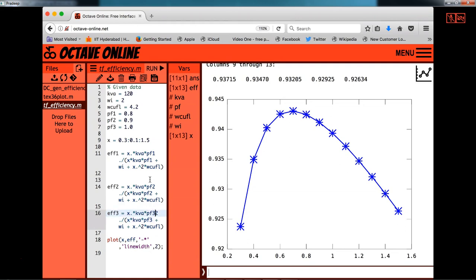Okay, so now I have three different efficiencies. For plotting purposes, first I'll plot one, then there is a command called hold on, then I'll plot the next one.